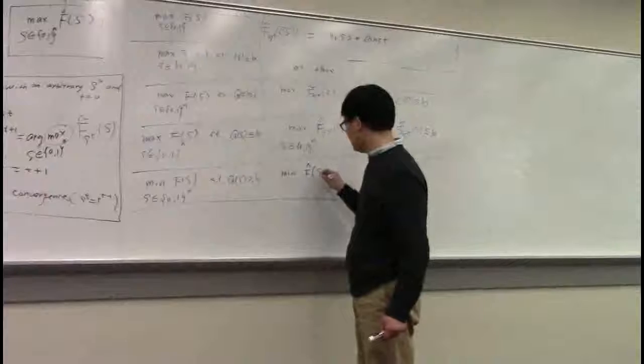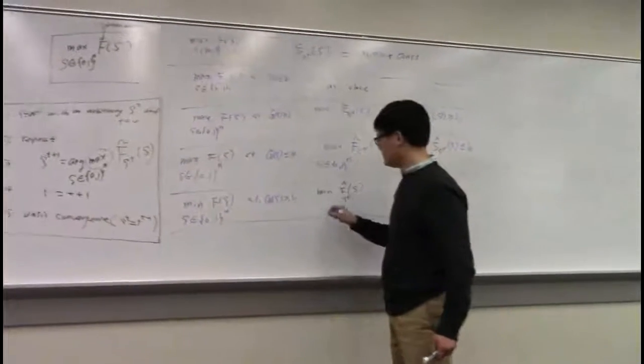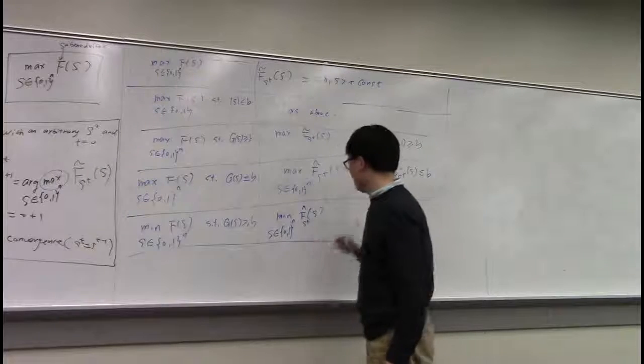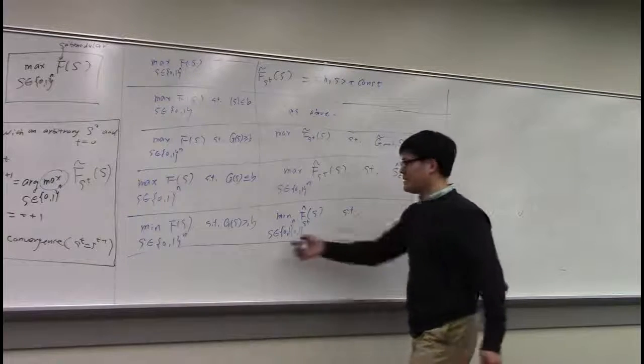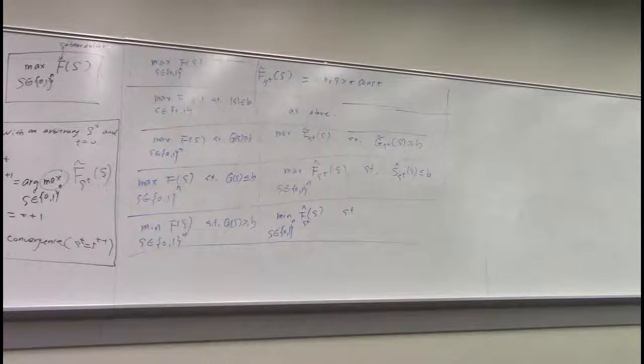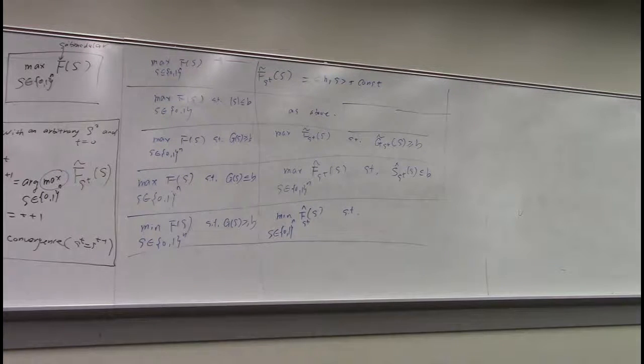Tilde is lower bound. Subject to. How about this one? How about g(S)? Should we use lower bound or should we use upper bound? Anyone?